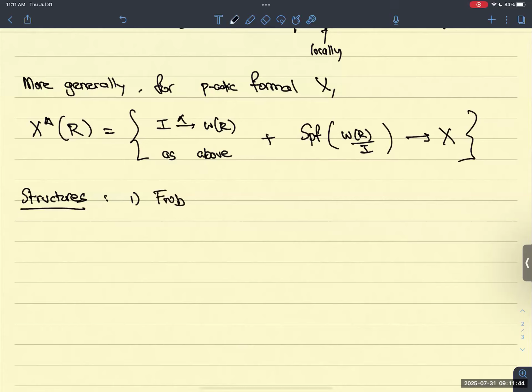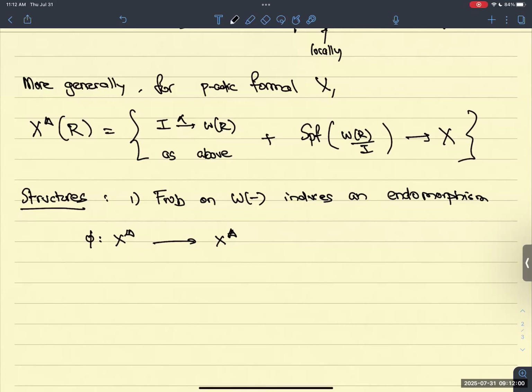So Frobenius on W induces an endomorphism, also called the Frobenius because we're lazy, phi from X prism to X prism, which is in fact a Frobenius lift.